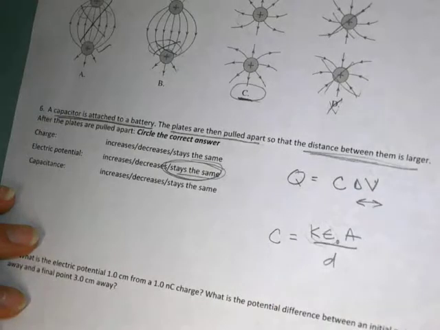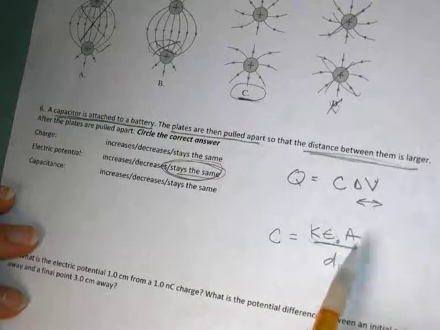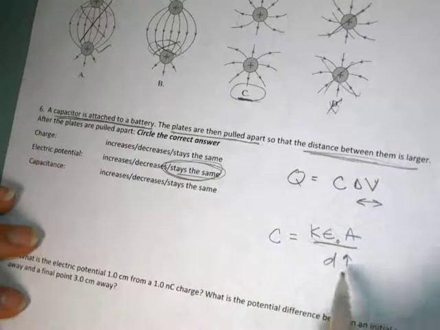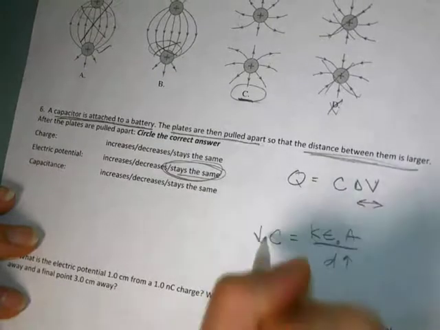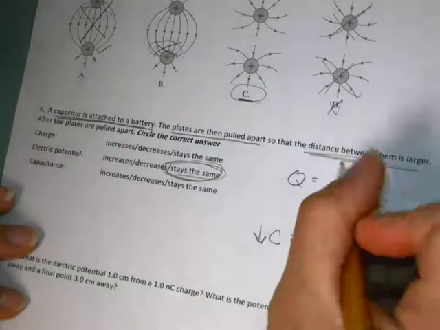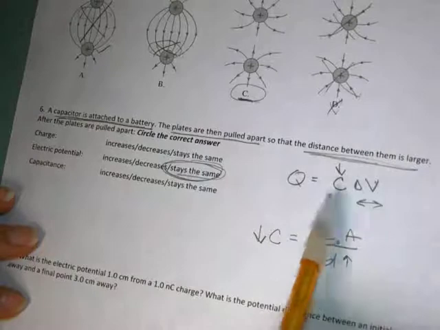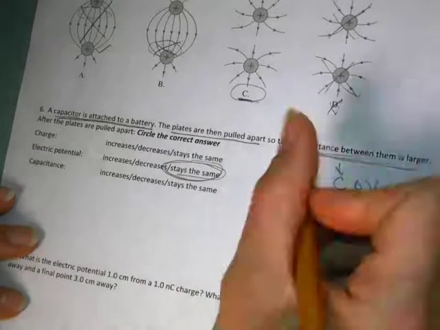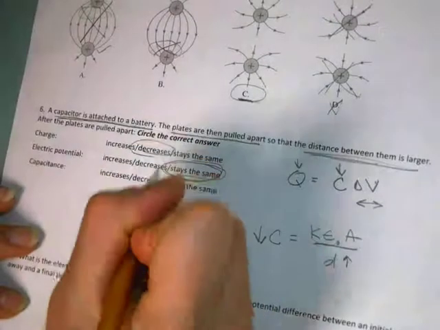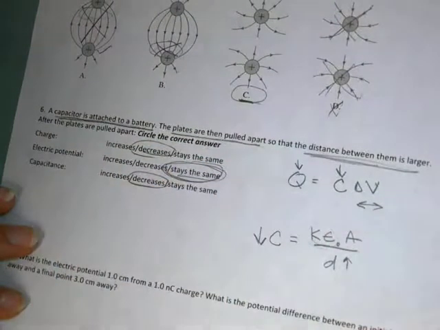The only thing that really affects the capacitance of the capacitor is the area of one of the plates and the separation between them. So if we're making the distance get bigger, then the number in the denominator is getting bigger, so this one over here has to be going down. So we know that capacitance is going down, and if the capacitance is going down, then from that equation the charge has to be going down too. So that is what I would answer for both of those.